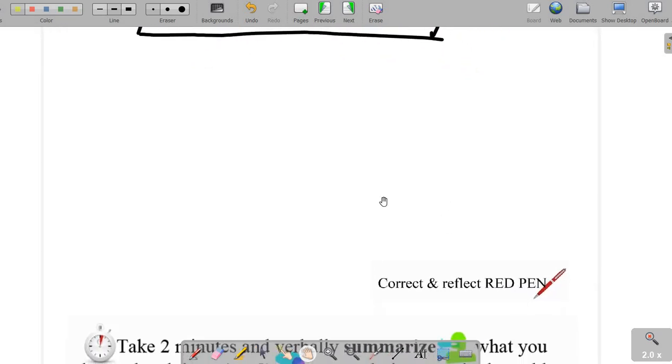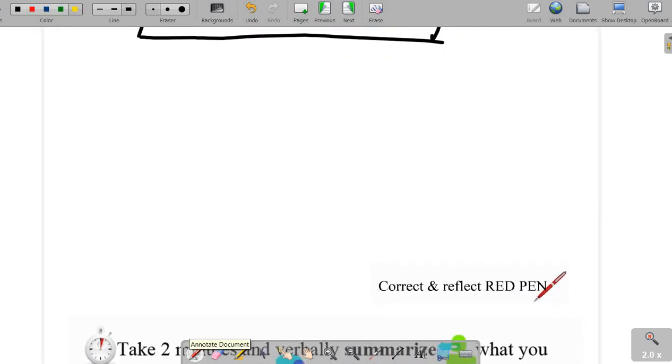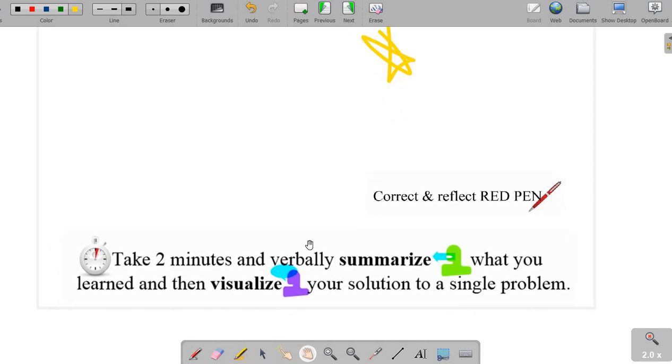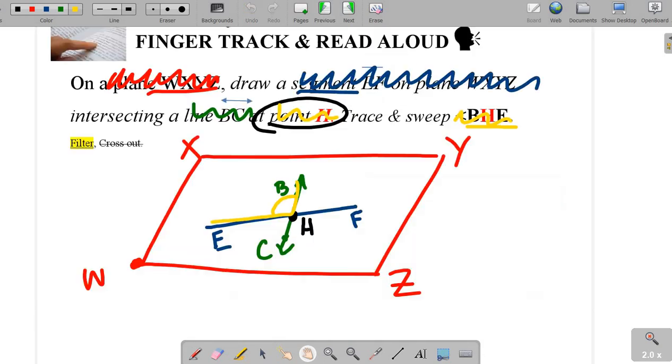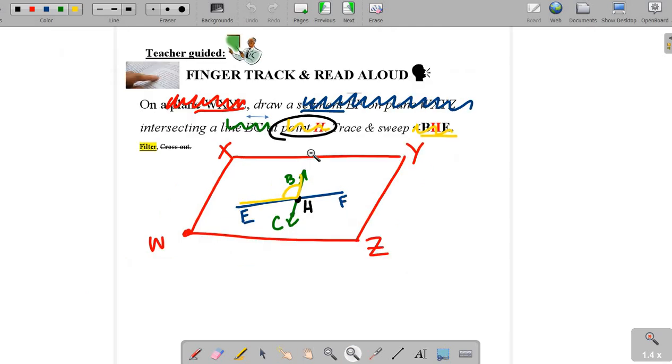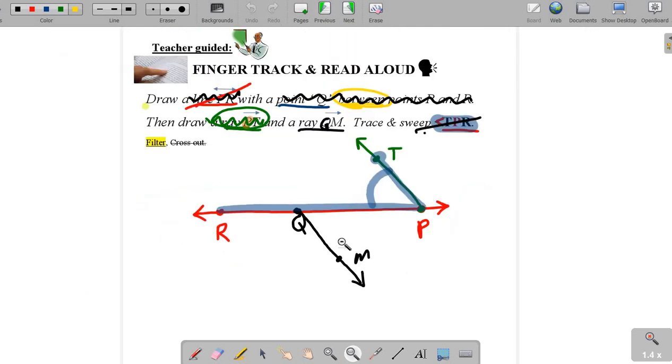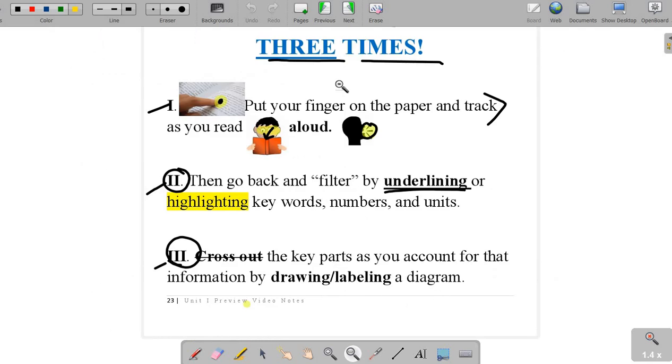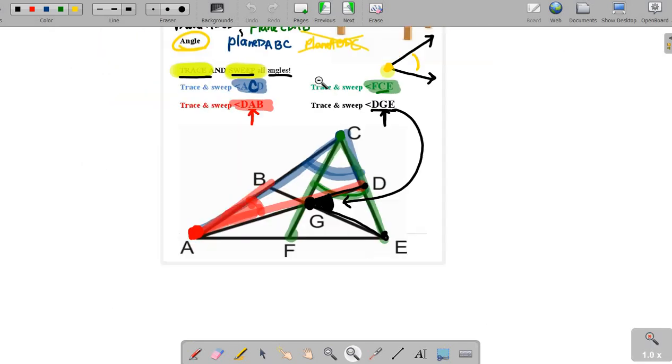What I recommend you do is, if you got this correct, star. If you got some aspect incorrect, make a little note. Now take 2 minutes and go back through your previous pages and ask yourself, what did you learn on this page?